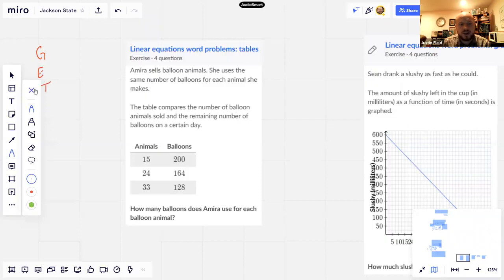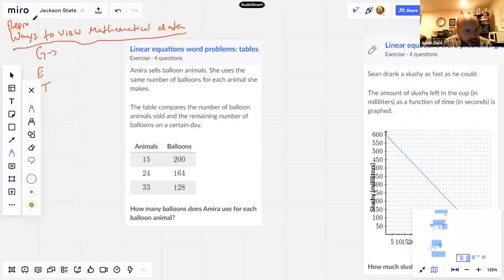This is a little acronym that I created last year, to think about ways to view mathematical data, I guess we could say. Representations. Okay, GET.